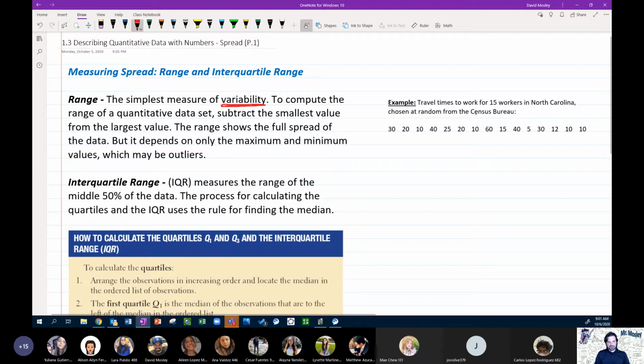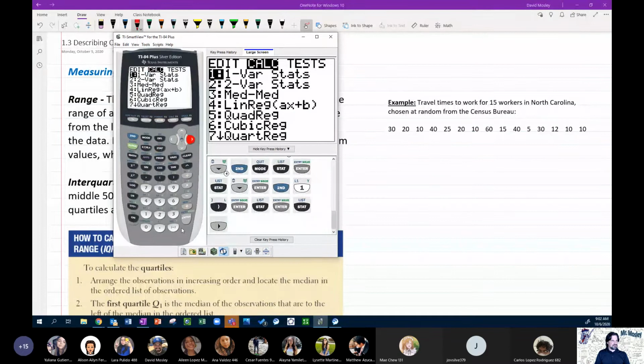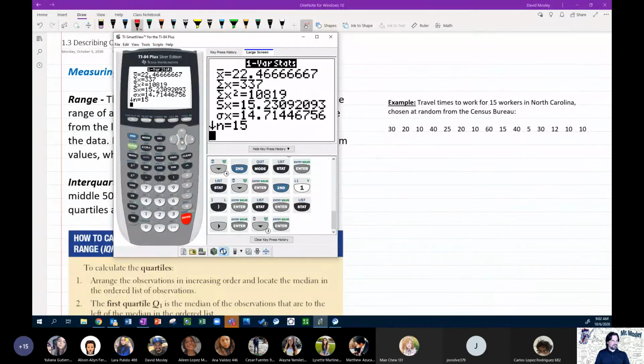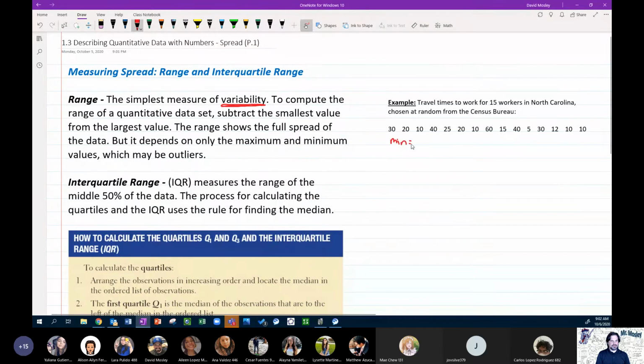Right? So in our travel example, we already know what our minimum and maximum are because we used our calculator, and it's in our summary statistics. I'll pull those up again. So our minimum was 5, our maximum was 60.